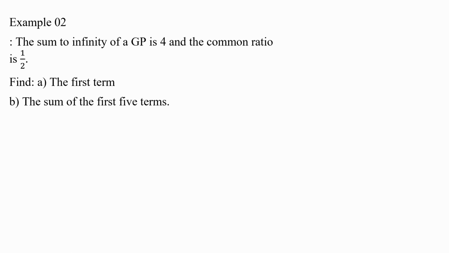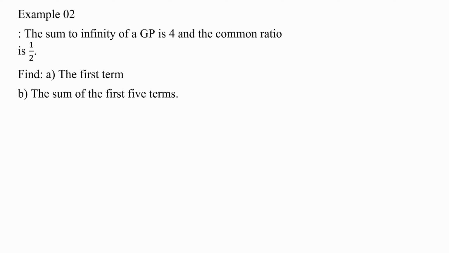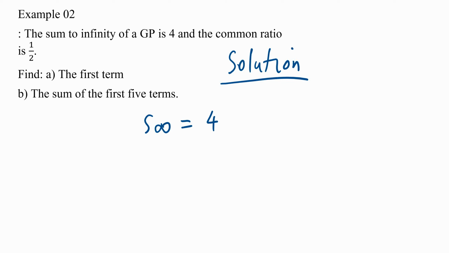Going to the next example: the sum to infinity of a GP is 4 and the common ratio is a half. Find the first term and the sum of the first 5 terms. Solution: we were given the sum to infinity, which is equal to 4, and the common ratio equals a half.